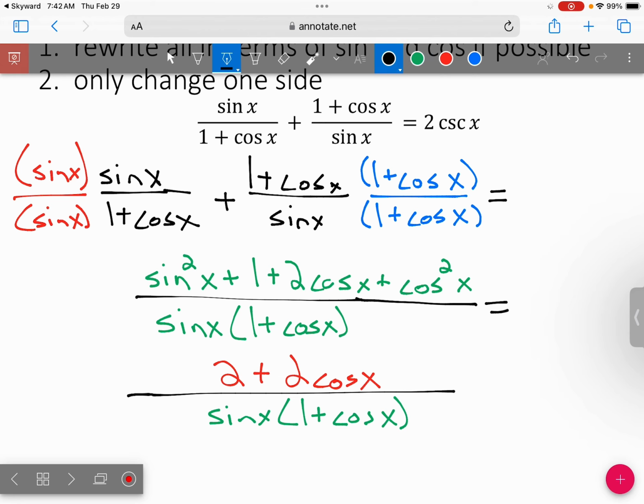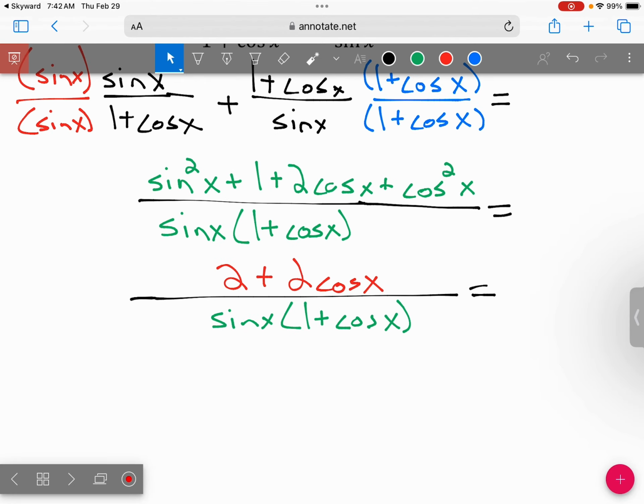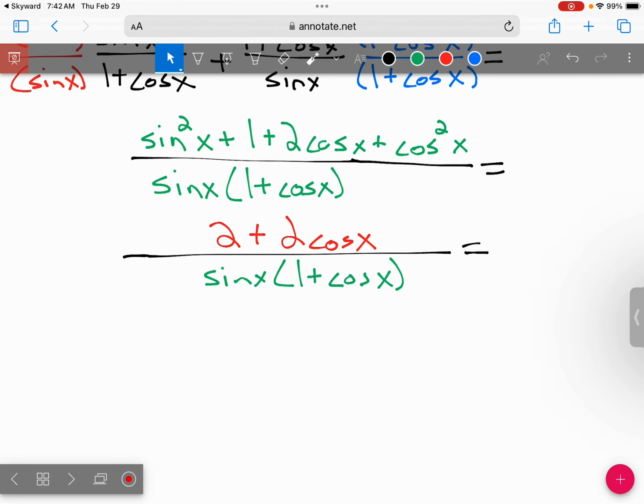So now, what do you think we're going to do in the numerator? It's very similar to what we did in the last problem. Yep, we're going to take out the GCF. What's my GCF? 2, exactly. The GCF is 2, we're going to take it out. So then the numerator turns into 2 times 1 plus cosine x.